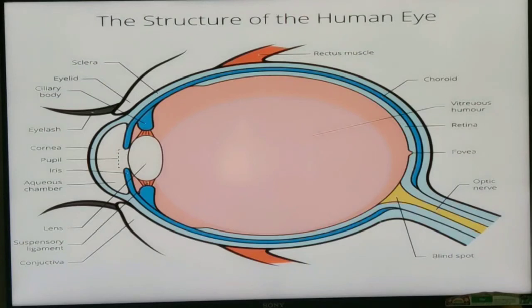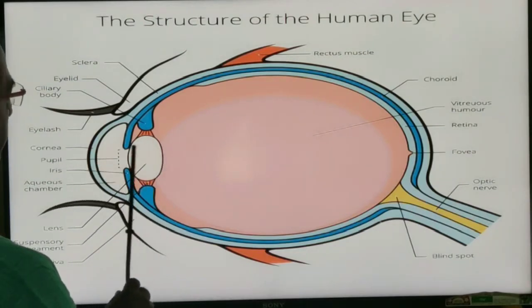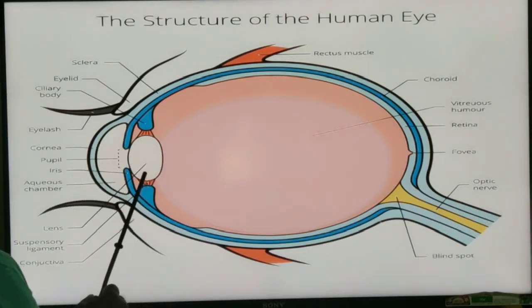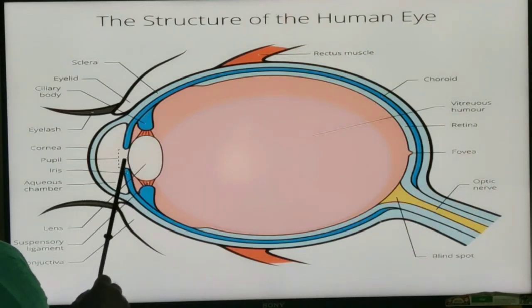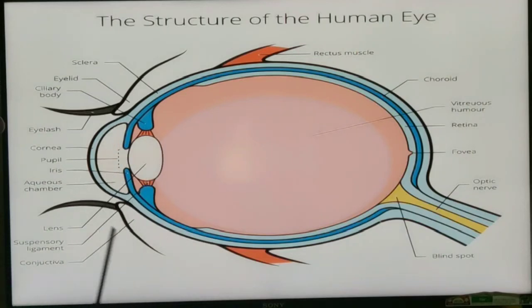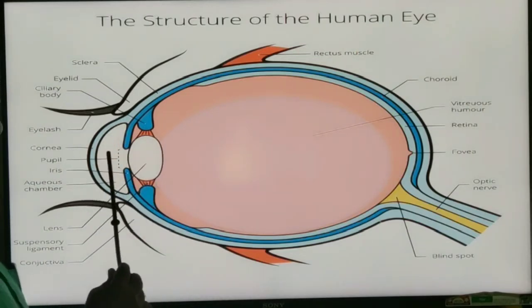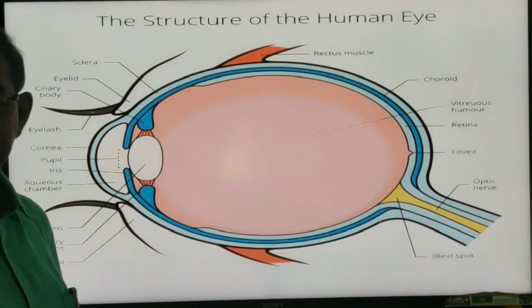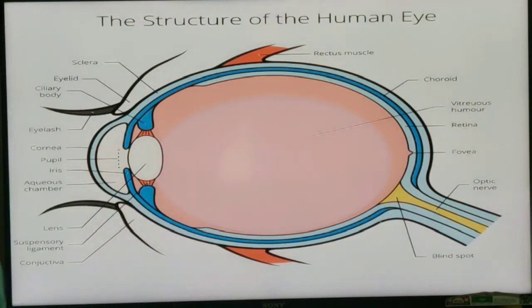Then the cornea plays an important role in allowing light to pass toward the aqueous chamber, as well as the iris and the pupil. 95% of this light is refracted with the help of the cornea.